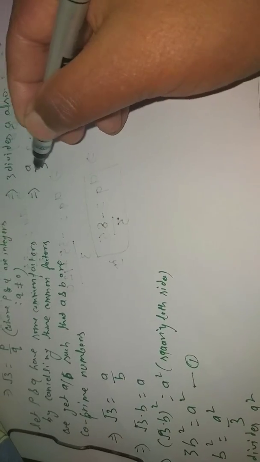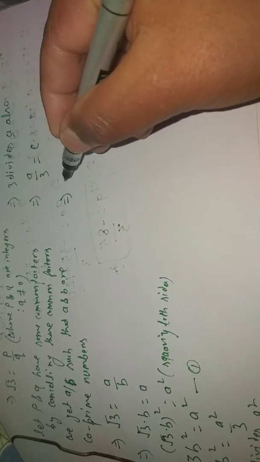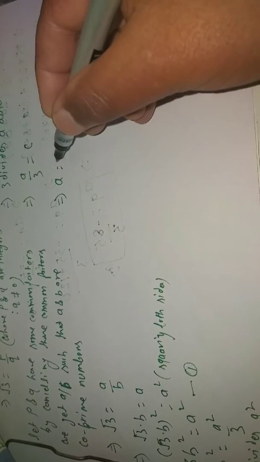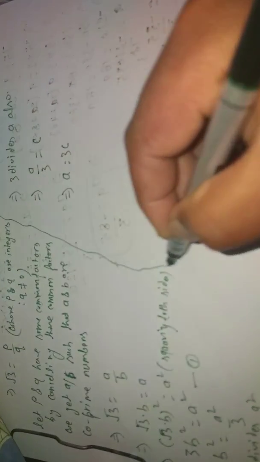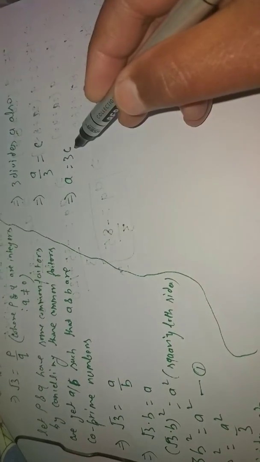Now if 3 divides a, some answer will come. Let this answer be c. It implies a will be equal to what then? This 3 will multiply there, a will be equal to 3c. Is it clear?